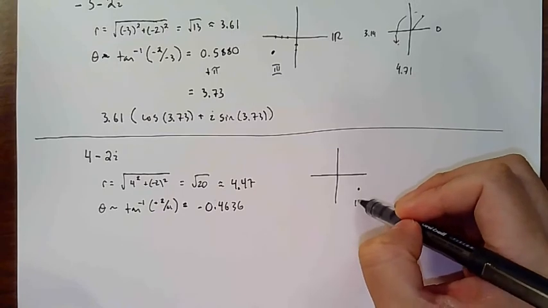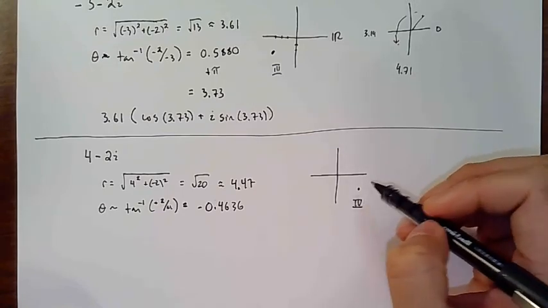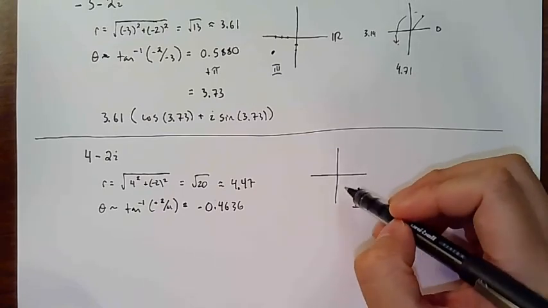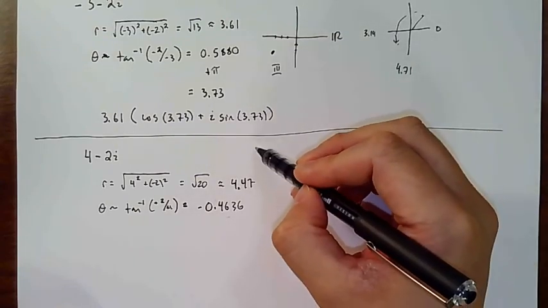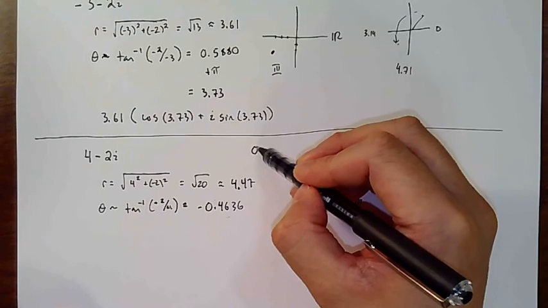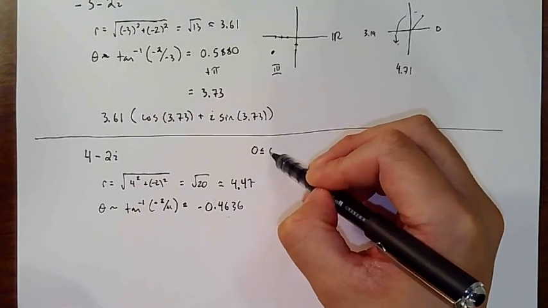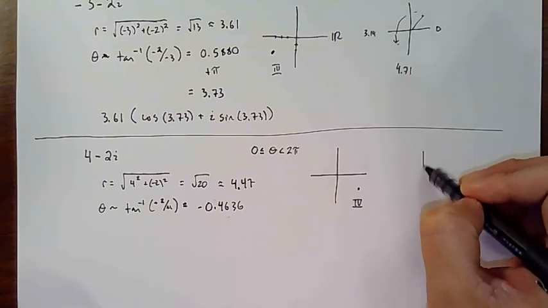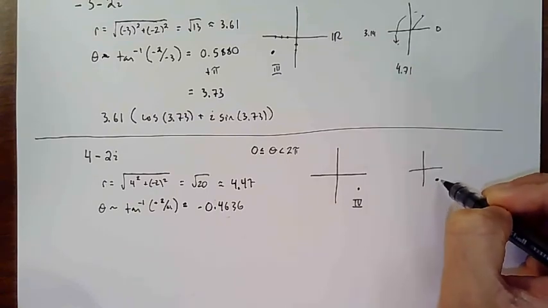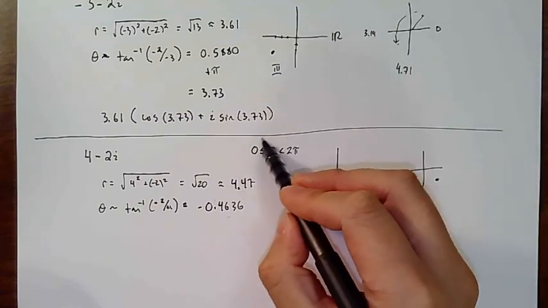So in quadrant 4. Now where is our angle? Well, our angle is in quadrant 4, but look at this. This is negative. And we had a domain restriction, or rather an angle restriction, that said we had to be between 0 and 2 pi. So our angle actually landed in the 4th quadrant, but it's not in the right range of values for theta.